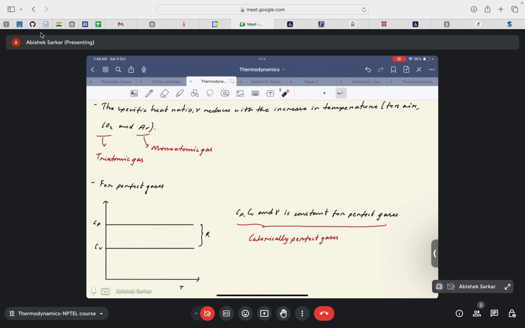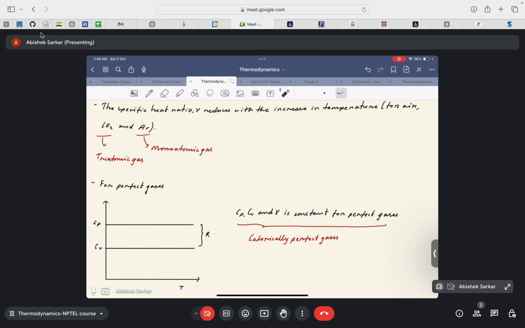Okay, and if we are going to plot the enthalpy versus entropy plot for these semi-perfect gases or ideal gases, we'll get a curved line, because Cv itself is a function of temperature.